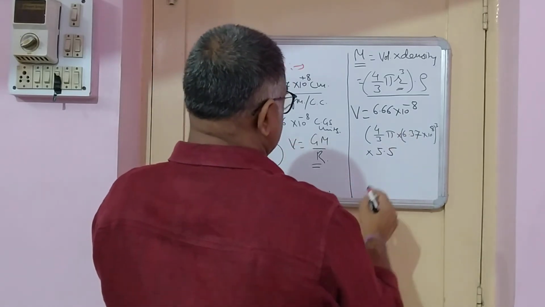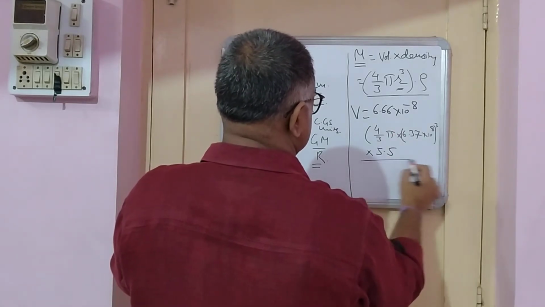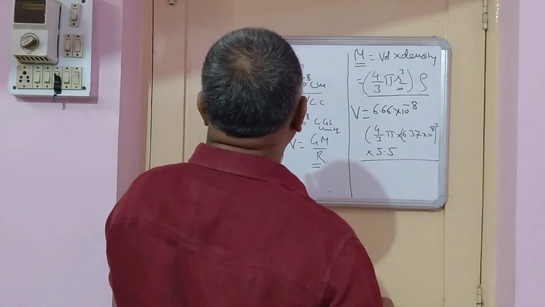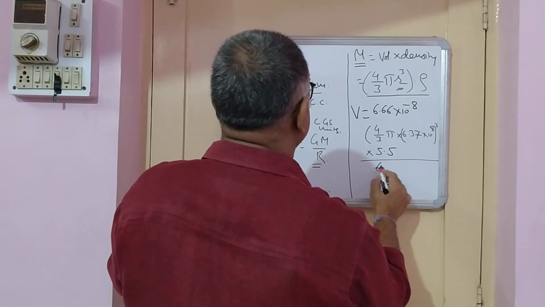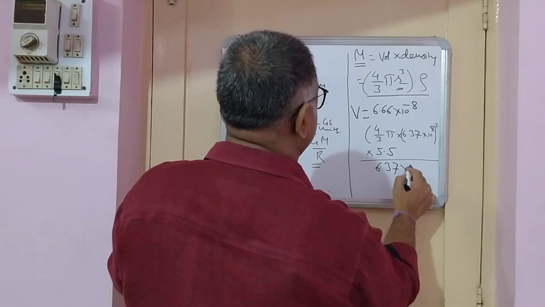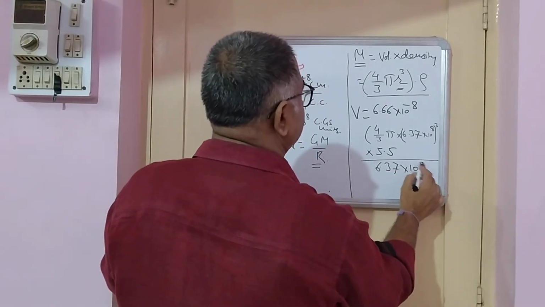Then divided by this whole quantity, divided by R, that is 6.37 into 10 raised to 8.